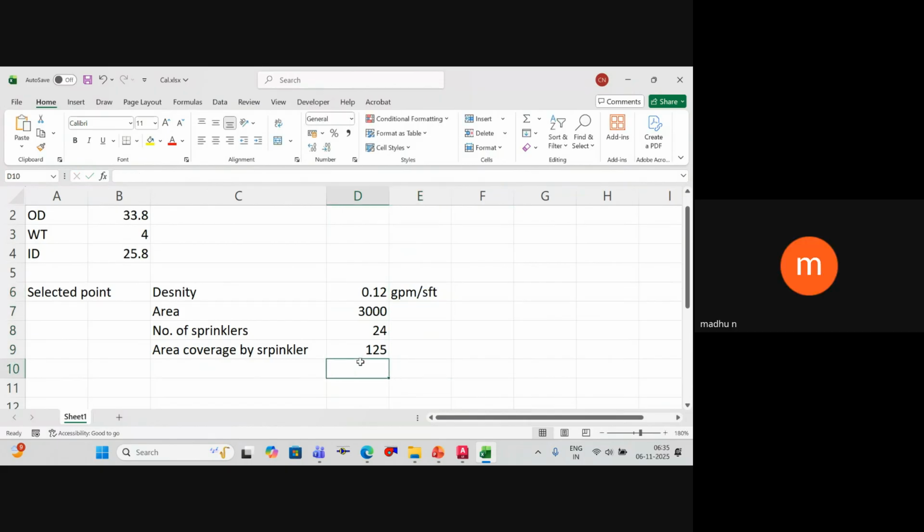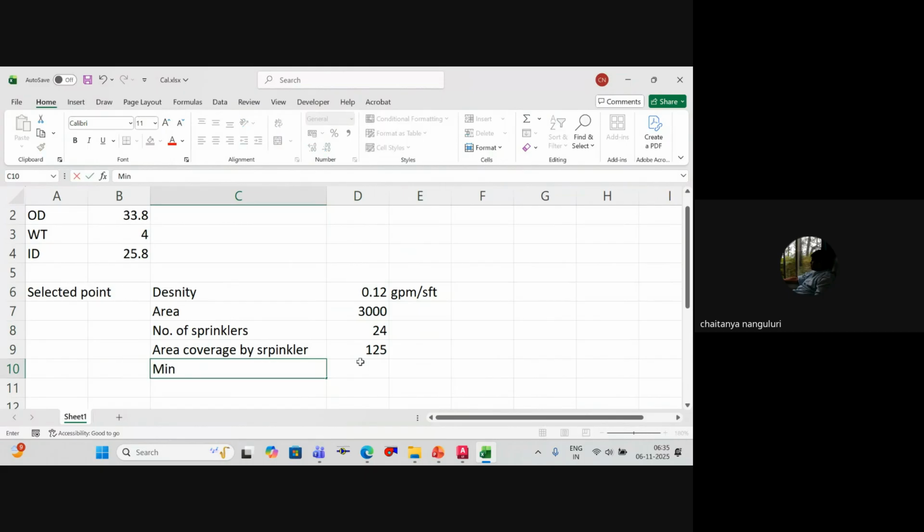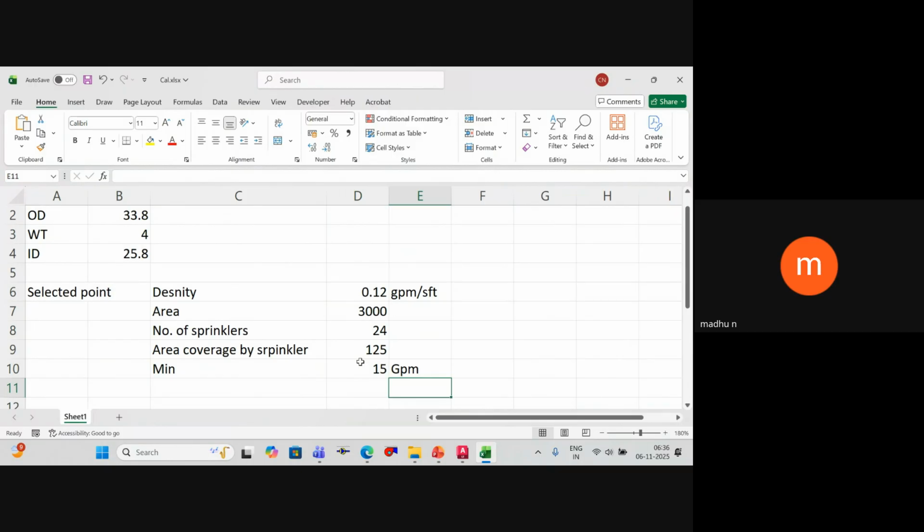Now we have to calculate the minimum flow rate requirement. Minimum flow is 125 into 0.12 GPM, so minimum 15 gallons per minute is the flow rate that we require for each sprinkler. So what we have done is simply area coverage by sprinkler into density, and that gives us the flow rate parameter.